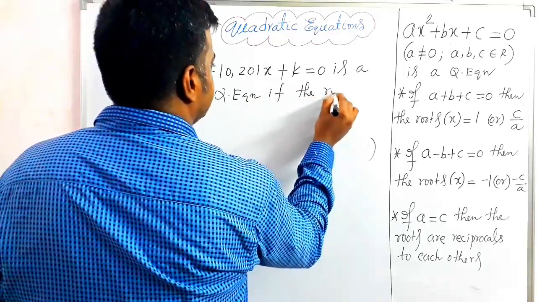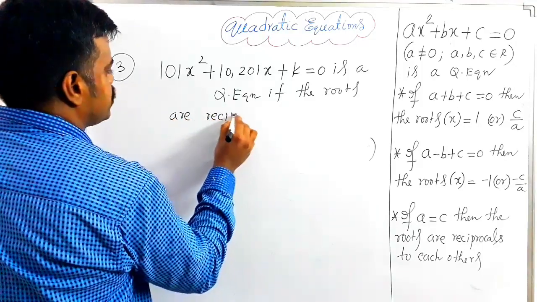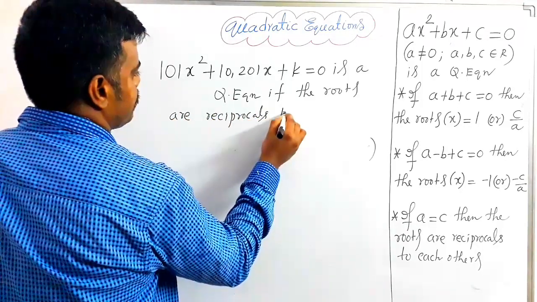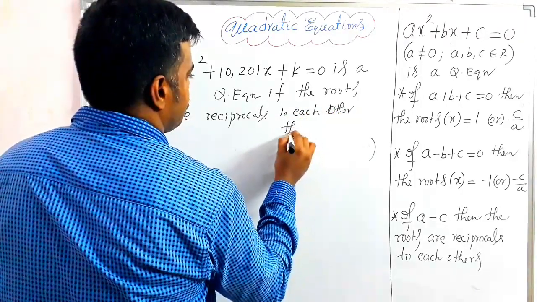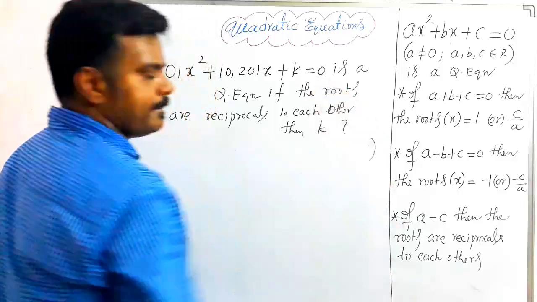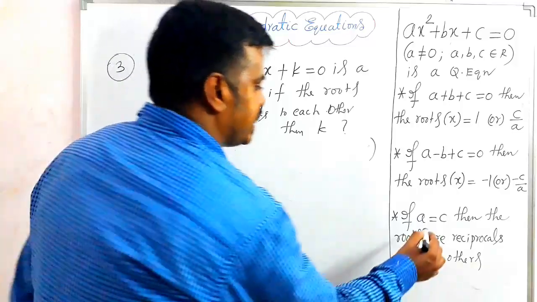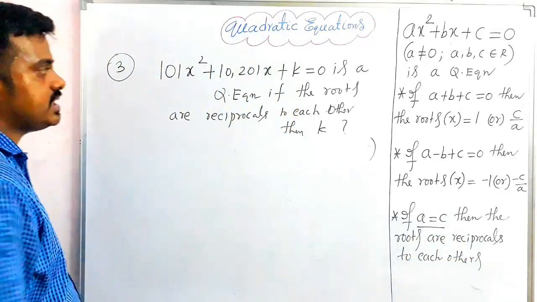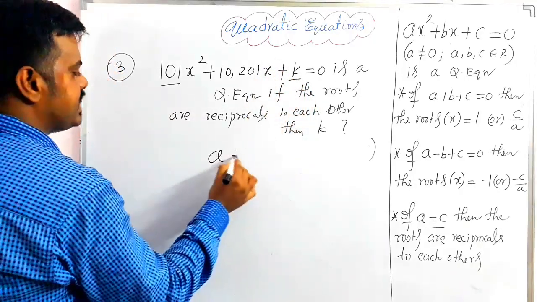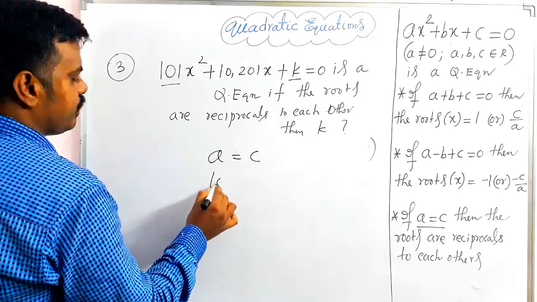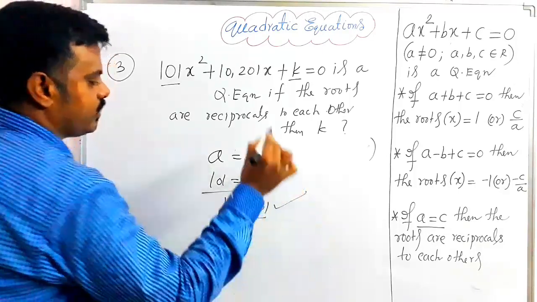If the roots are reciprocals to each other, then find k. Yes, see the condition. If the roots are reciprocals to each other, we can write a is equal to c. Then a is 101, c is k. So you can write simply a is equal to c. Therefore 101 is equal to k. Nothing but k is equal to 101.